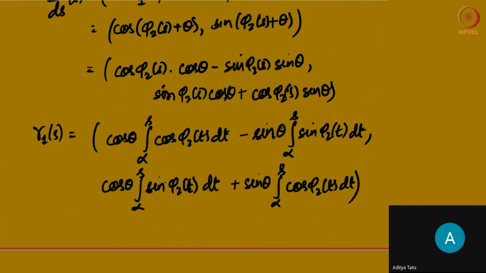That arbitrary constant is nothing but this initial value, right? At alpha. So let me write that arbitrary constant as gamma 1 of alpha. You can see that the arbitrary constant would itself be a coordinate. There would be one arbitrary constant coming from the x coordinate function and another coming from the y coordinate function. So both of them written together, I'm just writing it as gamma 1 at alpha.